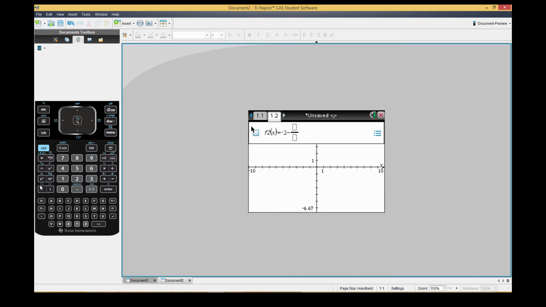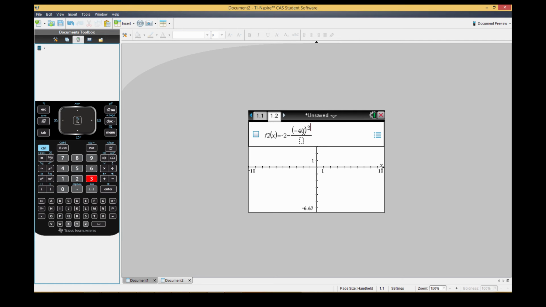We had in brackets x minus 40, close brackets cubed. I think I'm missing x here. Right, and here, oops, it's quite sensitive. So here I want to put 5,000 and I want to enter the graph.